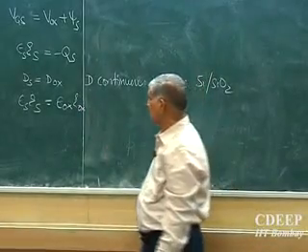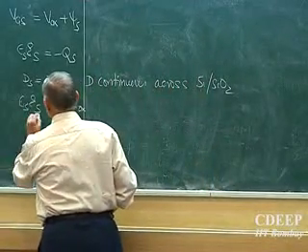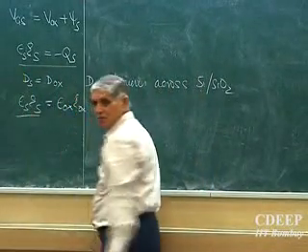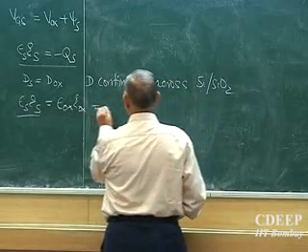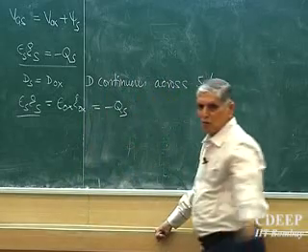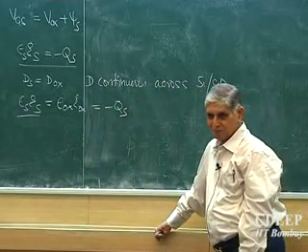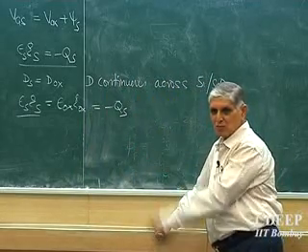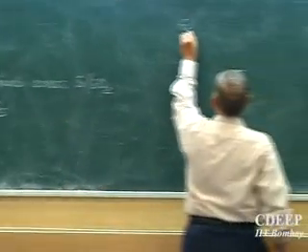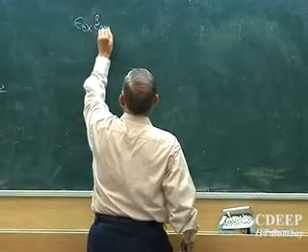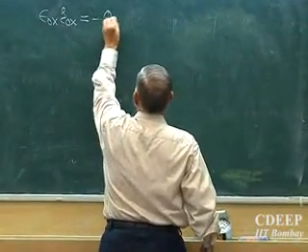Is that correct? How much is this from Gauss's law? Minus QS. So this is minus QS. Epsilon S ES is minus QS. So I rewrite this equation: epsilon ox EOX is minus QS.